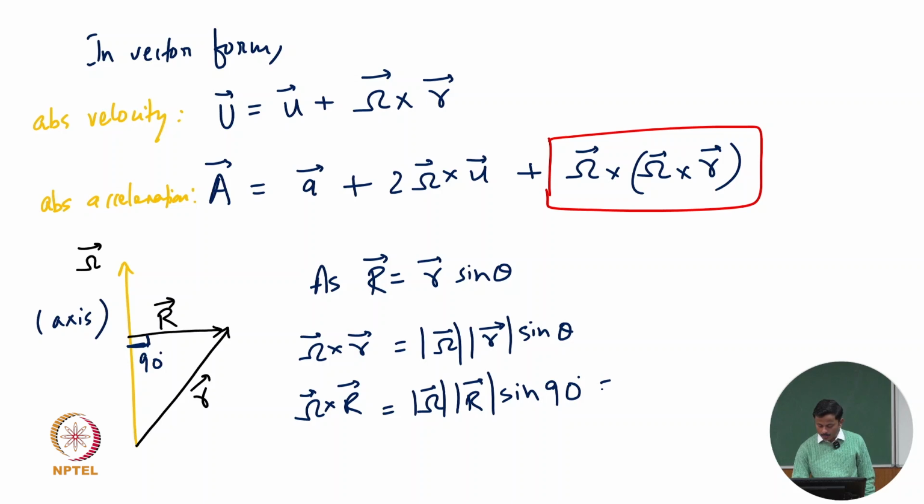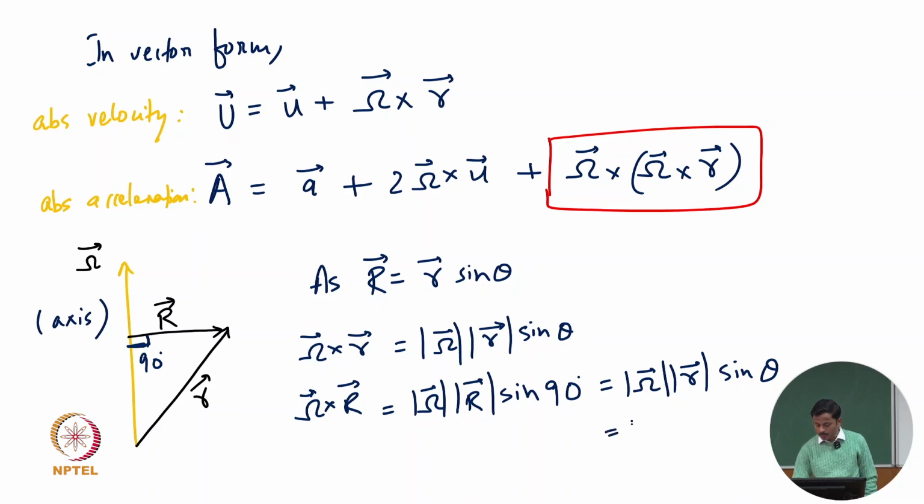Now this is equal to mod omega mod r sine theta. Sine 90 is 1, and we have replaced capital R with small r sine theta.